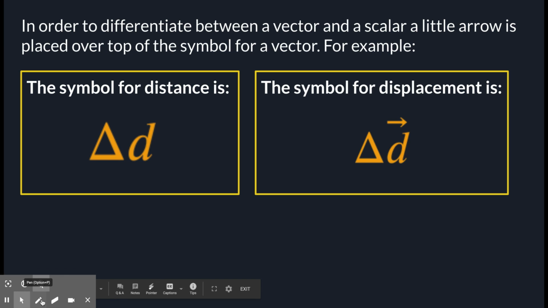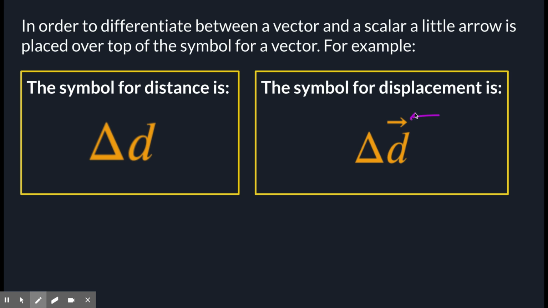Okay, so to differentiate between them, we use D to represent distance. In our work is equal to force times distance calculation, you noticed there's the change in, that's the delta symbol, and you'll notice it was just a plain simple D. Now, displacement, however, is indicated by the fact that it has an arrow on top.